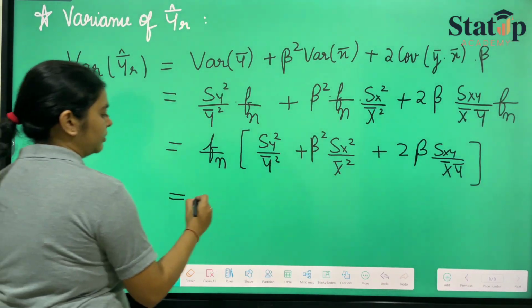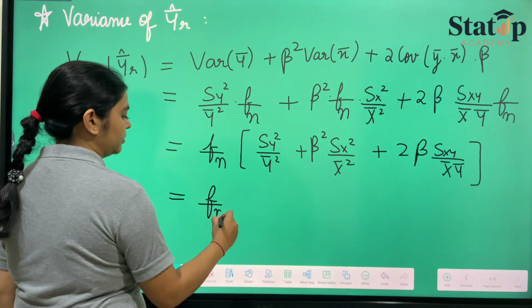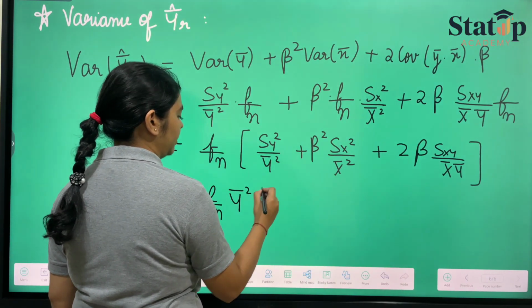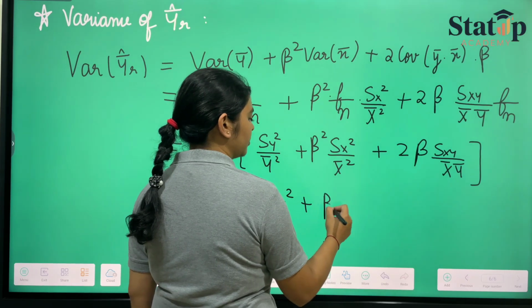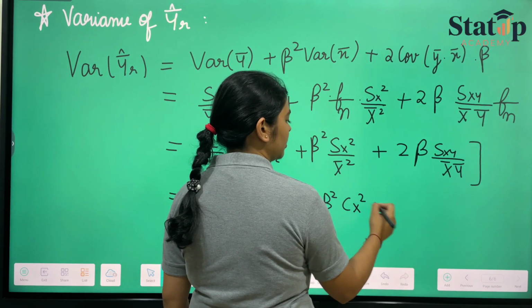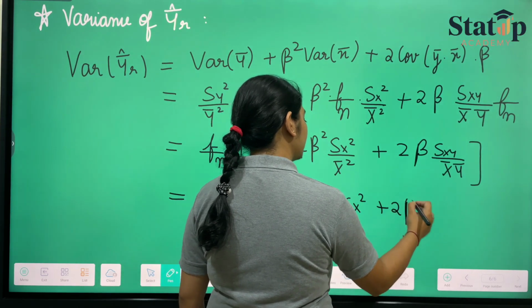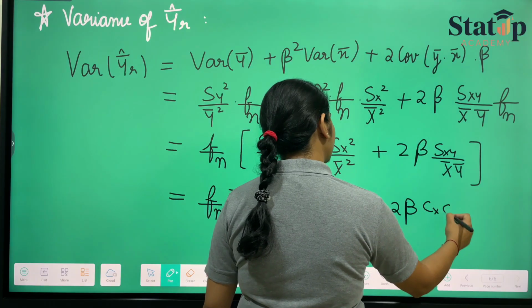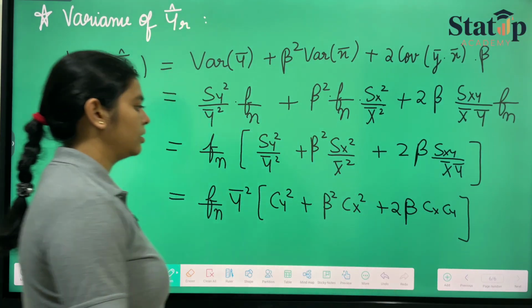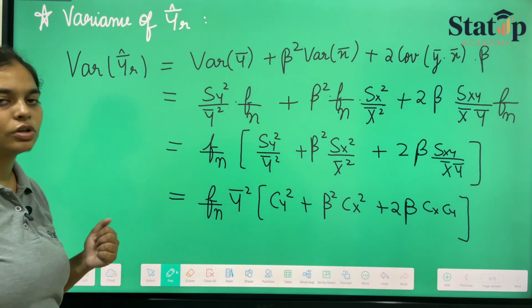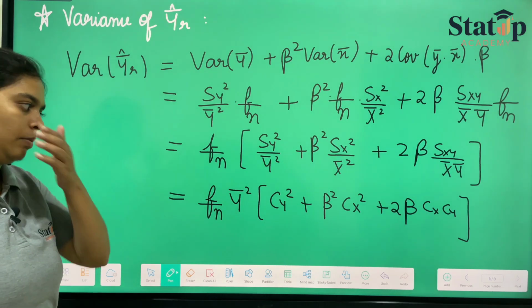This can further be written as f by n into Y bar square Cy square plus beta square Cx square plus 2 beta Cx Cy. So this is the derivation of the variance of the regression estimator.